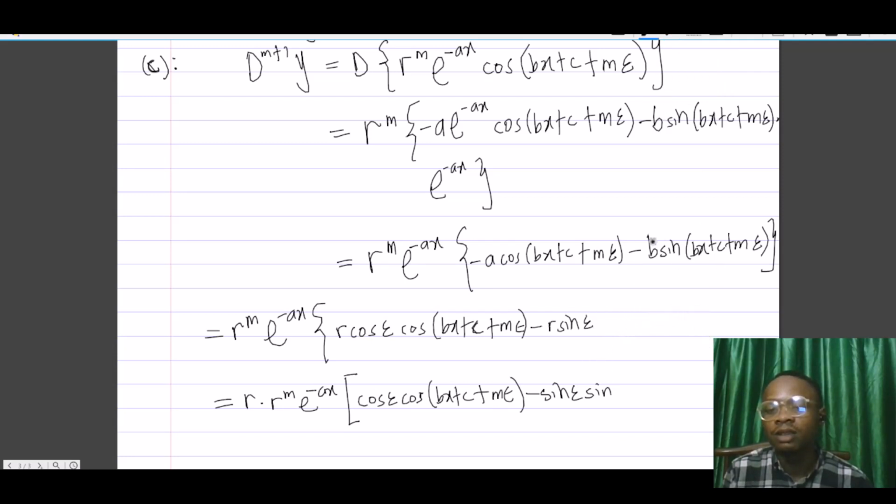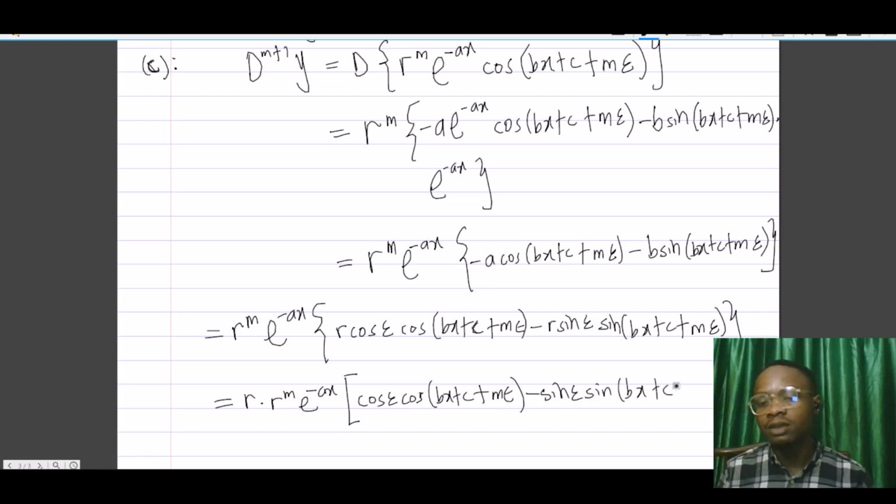So it is b that was sine epsilon. So this should still have sine of bx plus c, then plus m epsilon, then we can close this bracket. All right, so now we're good to go.